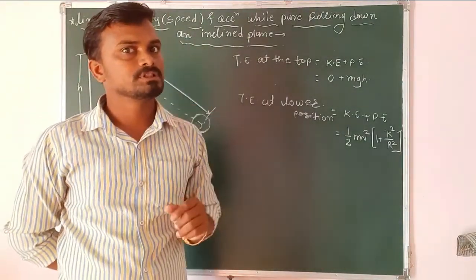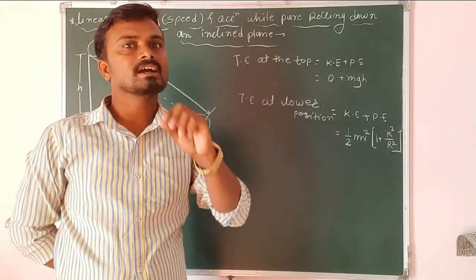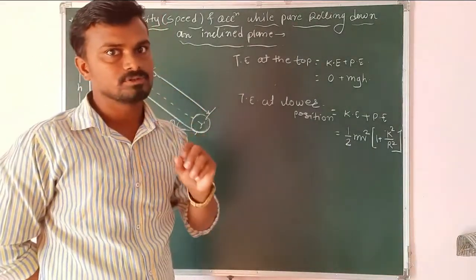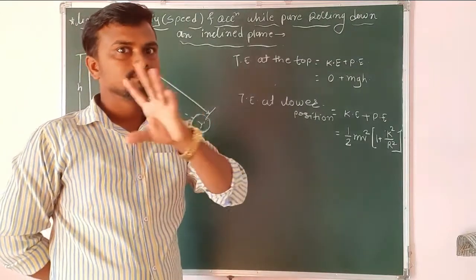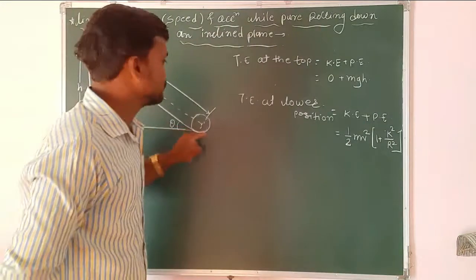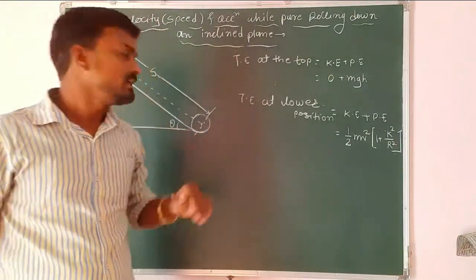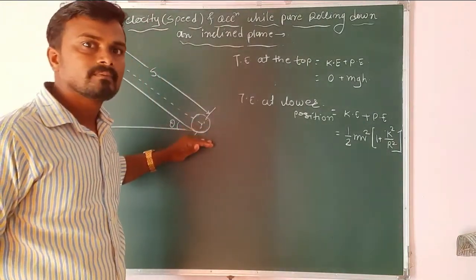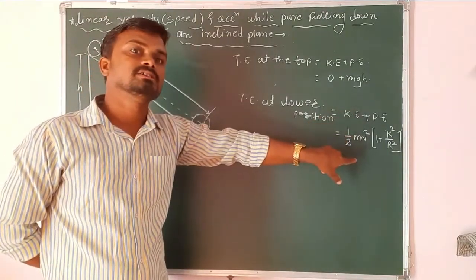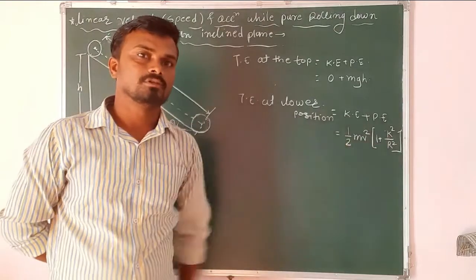At the topmost position, the object has only gravitational potential energy because the object is considered to be at rest. When we release that object, it performs rolling motion and rolls down towards the horizontal position, and at the lowermost position, the potential energy becomes 0 and kinetic energy is nothing but the kinetic energy of rolling motion.